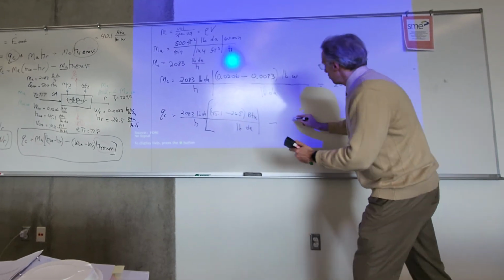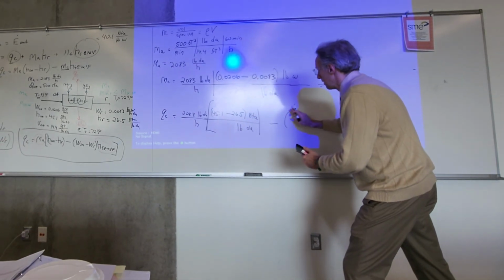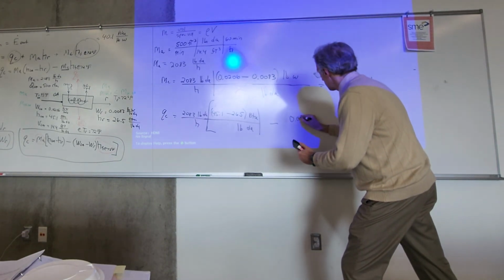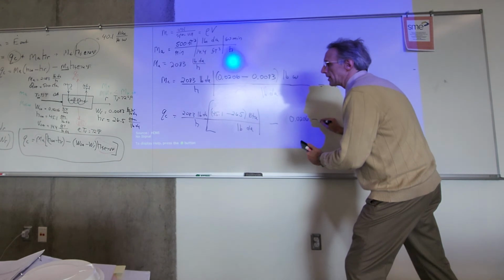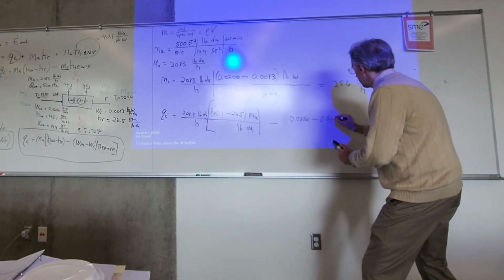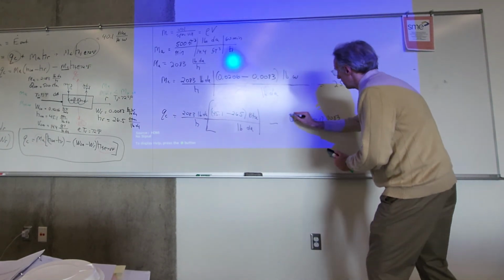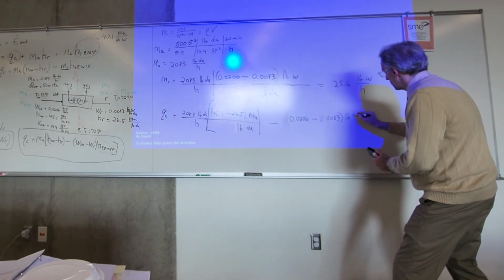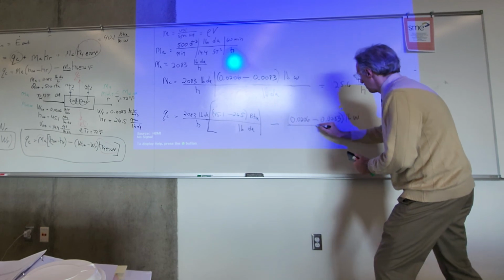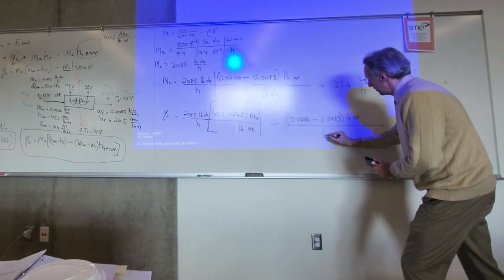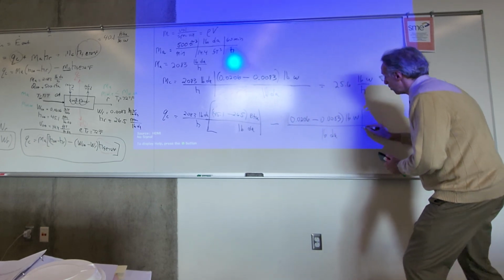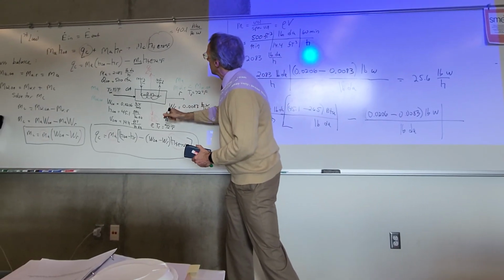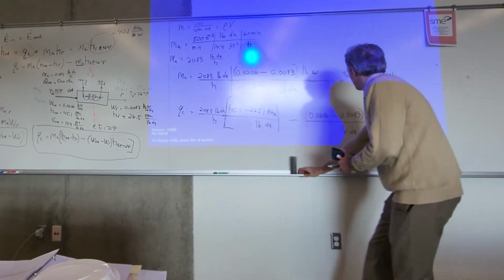So minus WOA, 0.0206, minus WR, 0.0083, and that's units of pounds of water per pound of dry air multiplied by, sorry, I messed up.